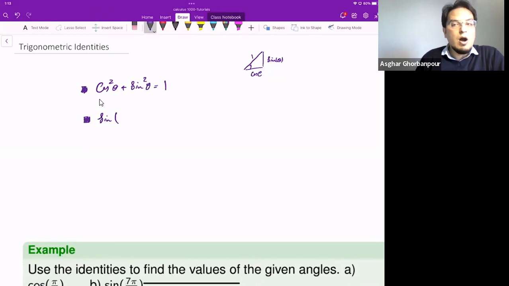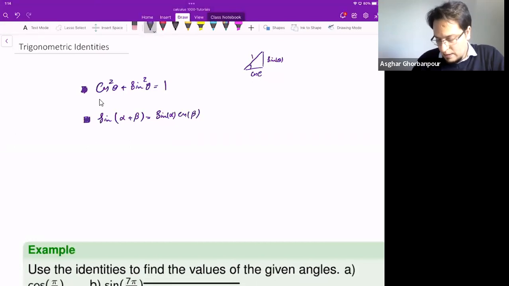The second ones are very important and you have to know them. This is the sum of angles. If you have sine of alpha plus beta, this will be sine alpha cosine beta plus cosine alpha sine beta.